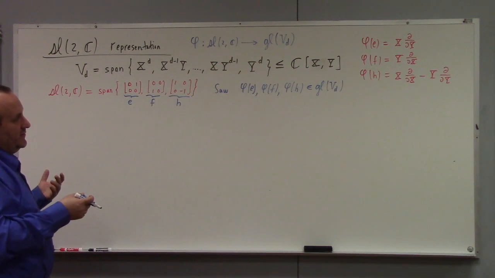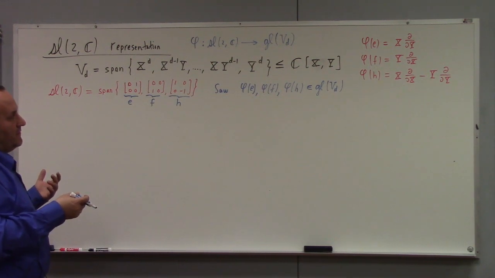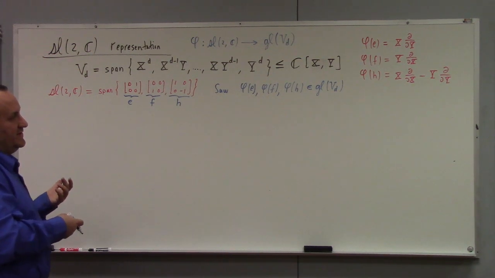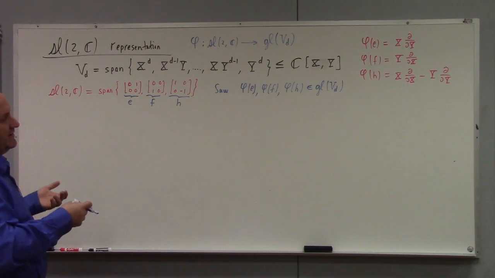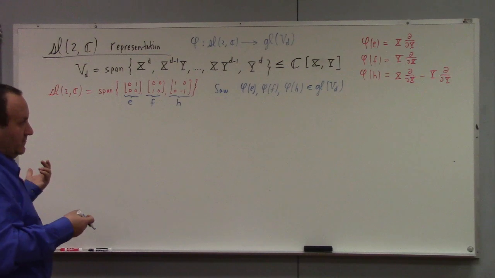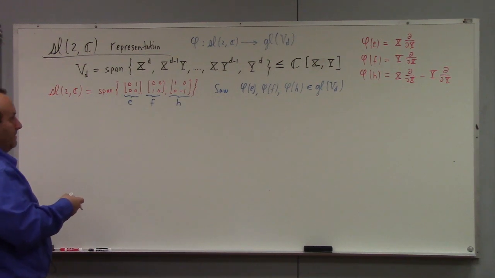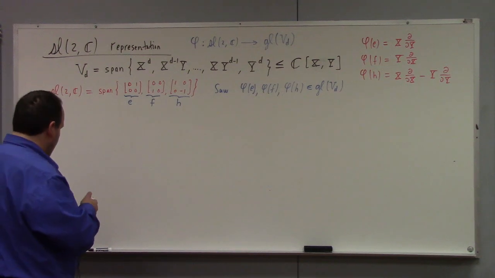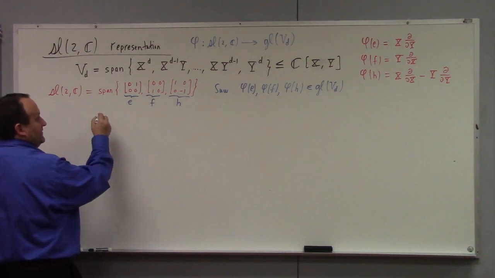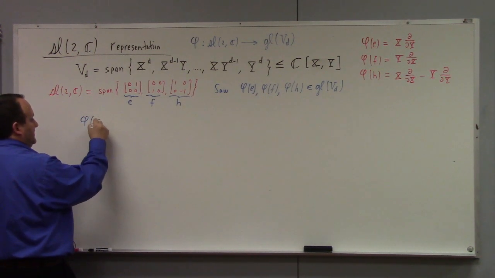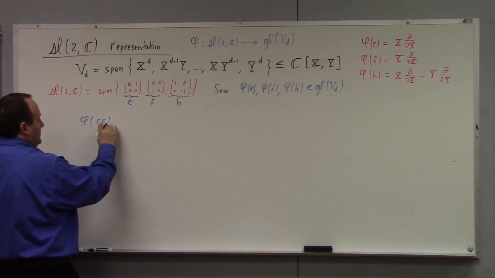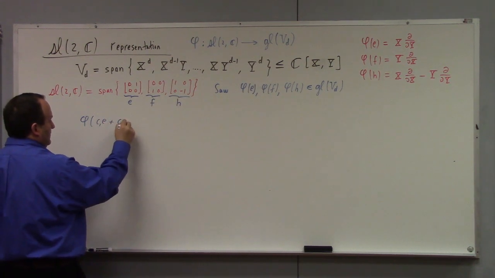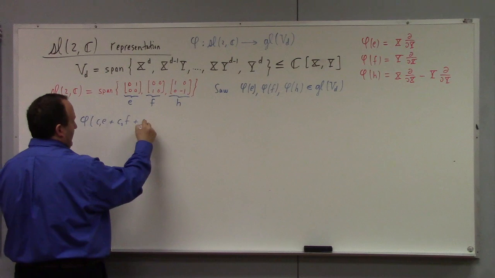There's a couple things. Number one, what's the general definition, like phi of v? How's that go? Phi of v is just linear combinations, right? So it's understood if we had phi of C1 E plus C2 F plus C3 H, right?